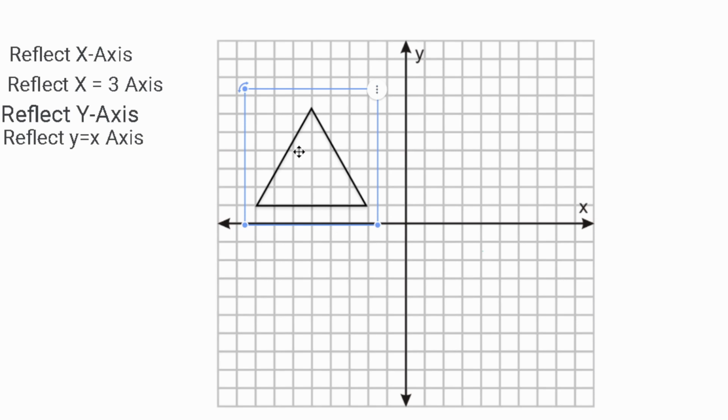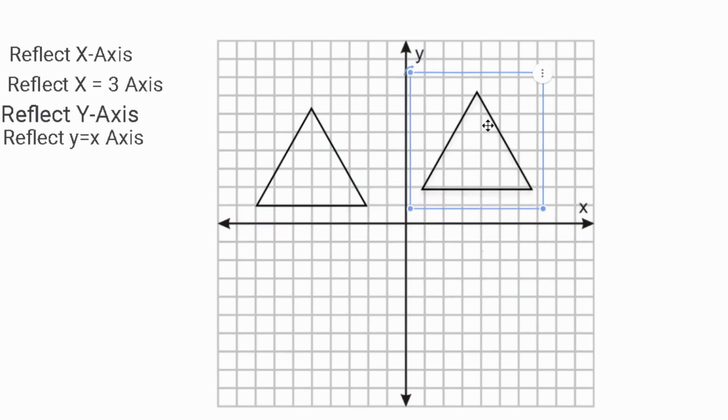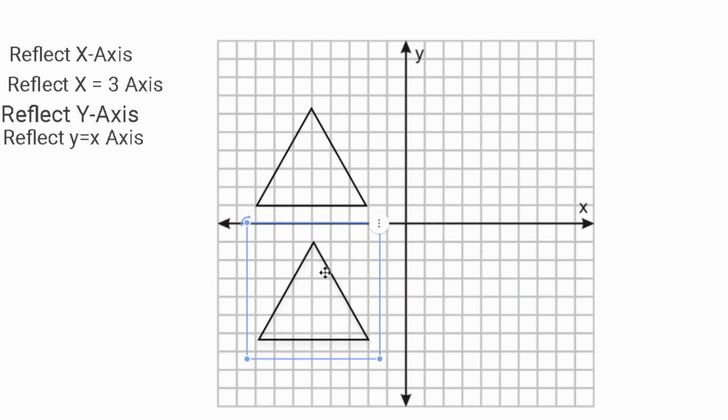Now, if I move this to be right here, that would be a movement. I translated that. That's going to be later on, but we instead want it to be completely reflected.